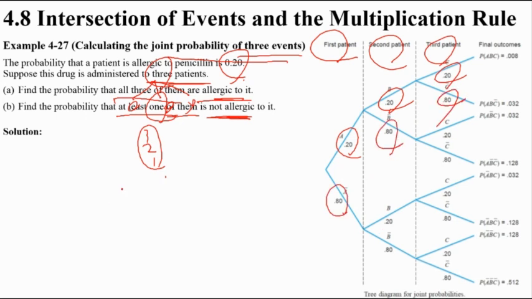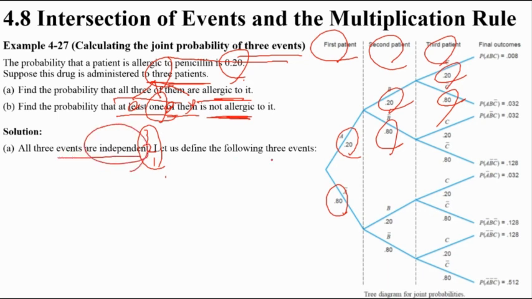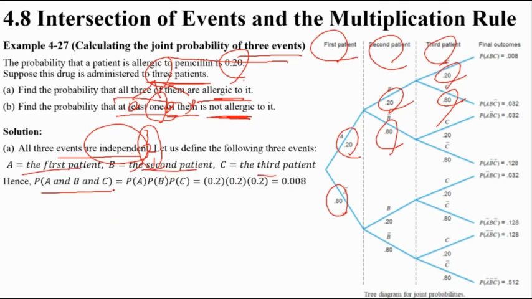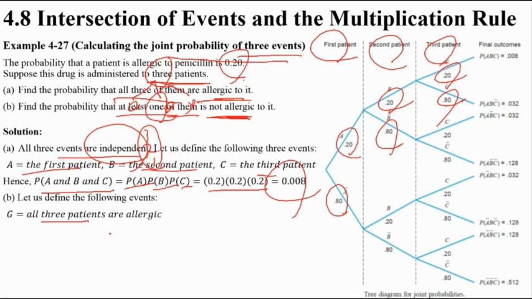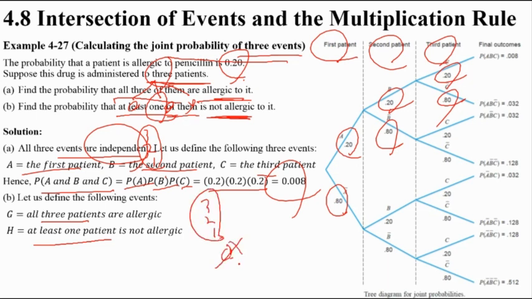So for the first question, the total is 3 independent events: first, second, third. We can multiply each of them separately, because they are independent, A, B, C. How about the following question? Let's call all 3 allergic event Z. At least one not allergic means 3, 2, or 1, except 0.